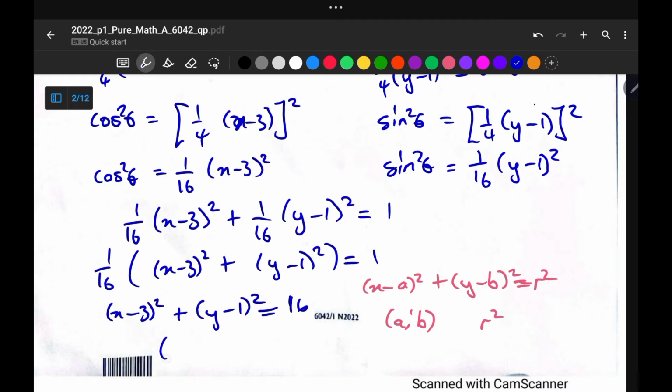So our center is now (3, 1), and our radius is the square root of 16, because this is equal to r squared. So our radius is equal to the square root of 16, which gives us 4. So our radius is equal to 4. And we are done with number 3.